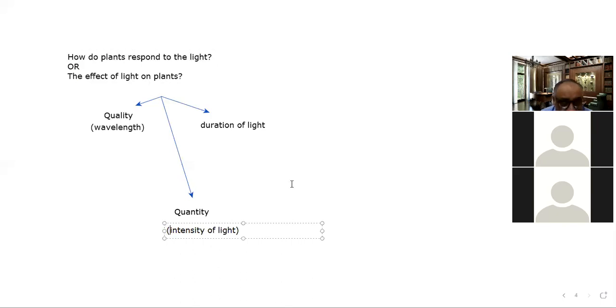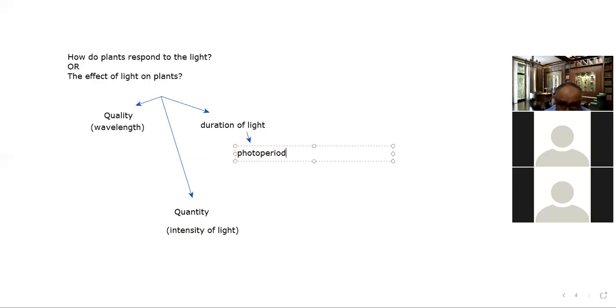And now, as far as the duration of light is concerned, this is known as the photoperiod. Photoperiod means the period during which the plants can do photosynthesis, and plants can photosynthesize when there is light. So the duration for which light is there is known as the photoperiod.